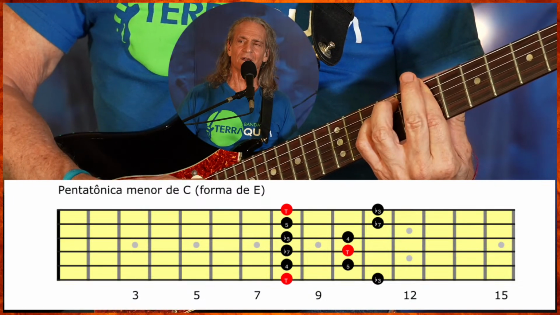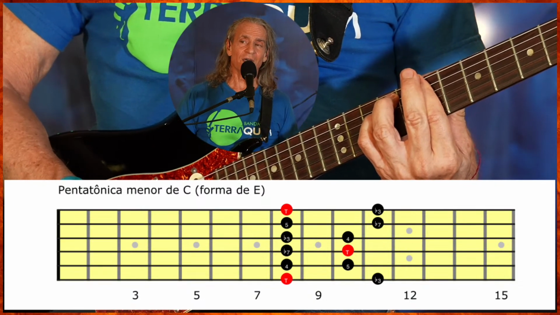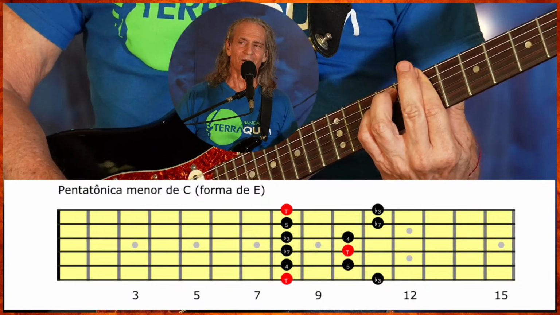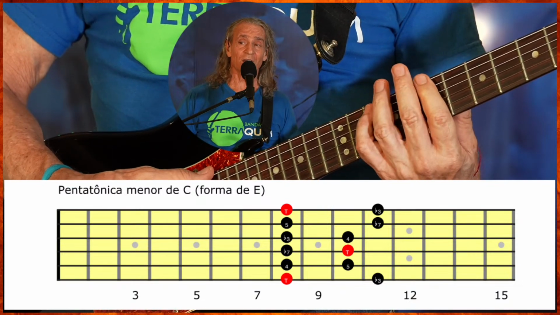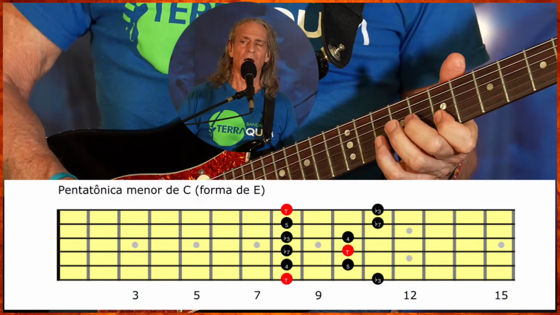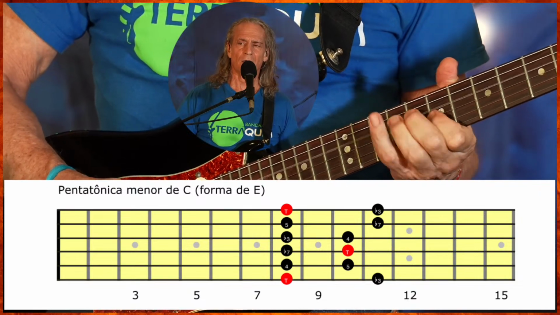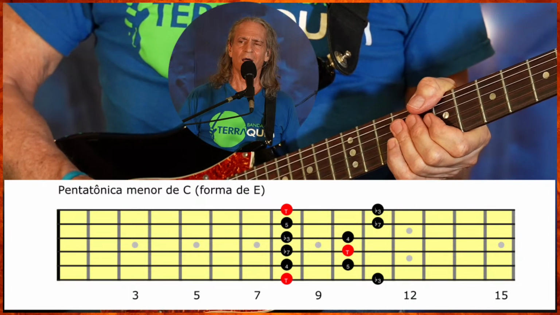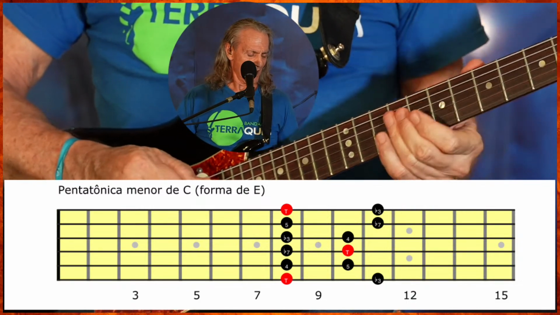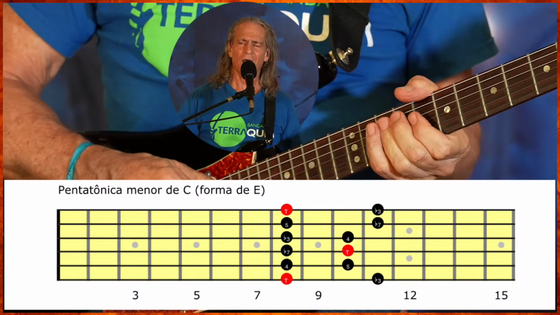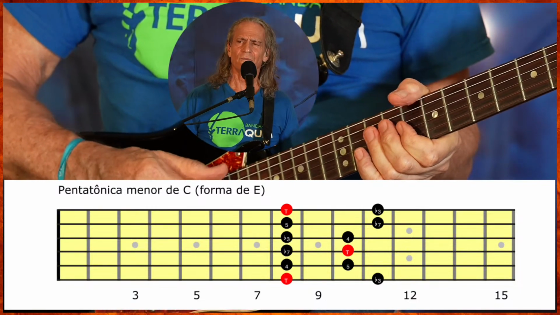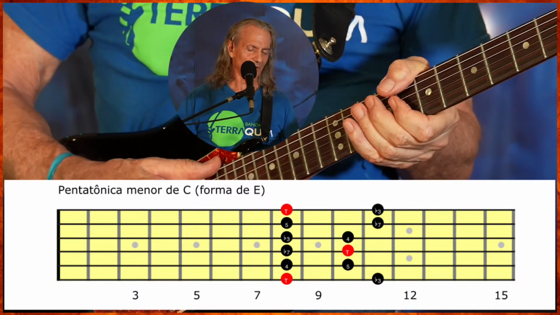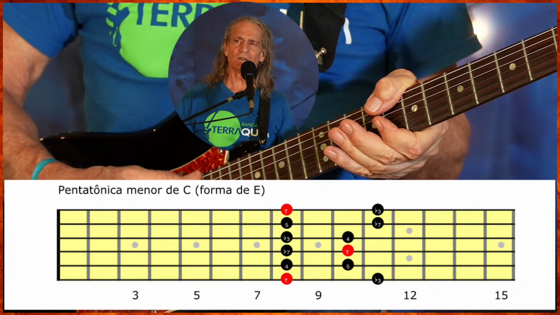Lift up this finger and now it's a C minor, not an E. It's a C minor pentatonic because it fits with the song. I'm using my thumb to get that red dot, the C on the low string.